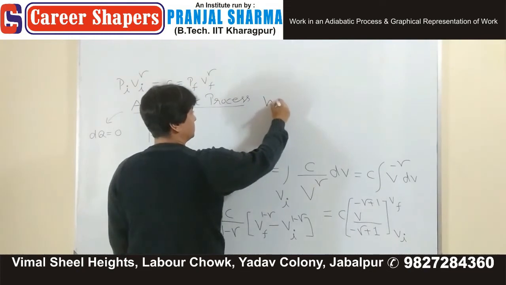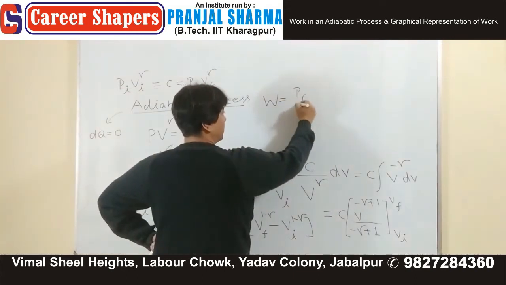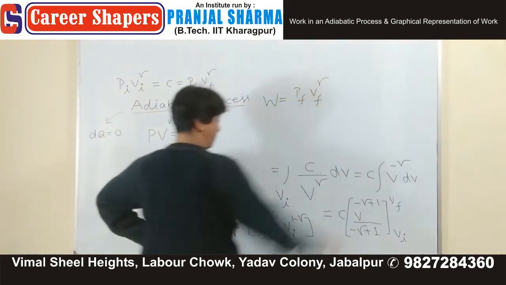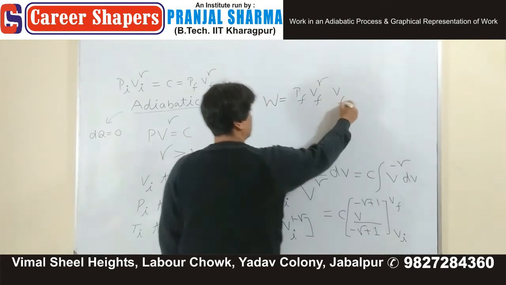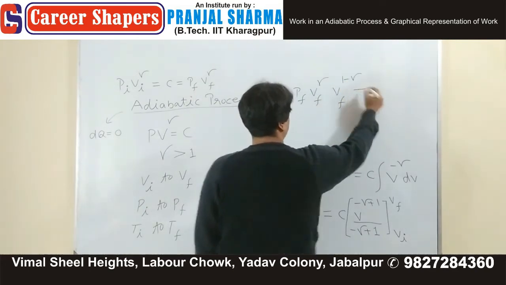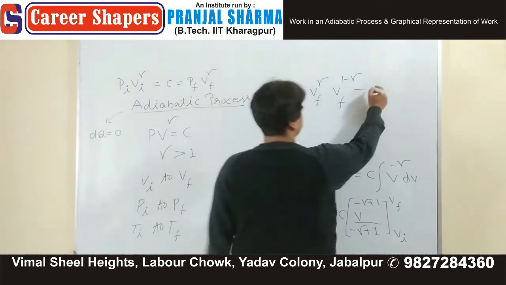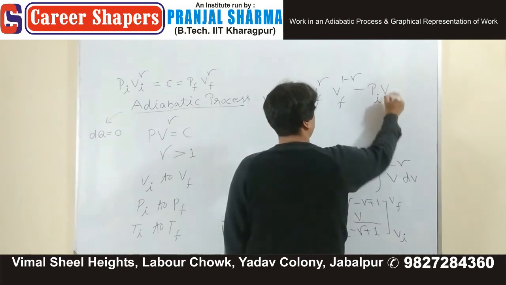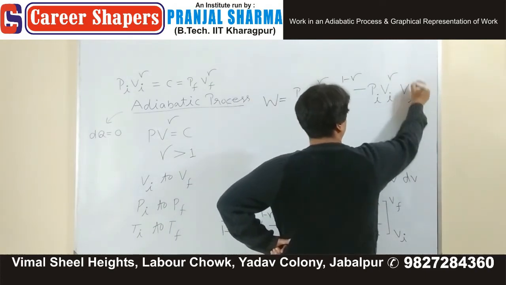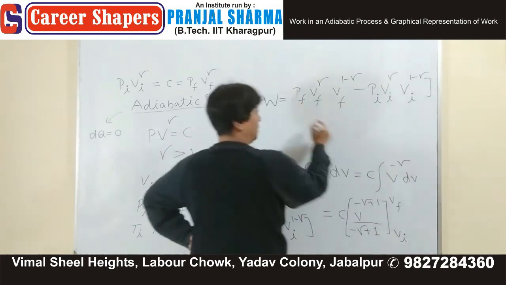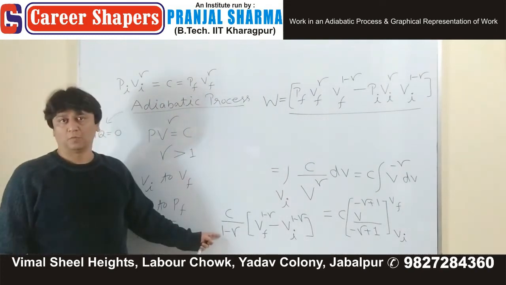So this becomes C inside, P final, V final, gamma, and you already have V final 1 minus gamma, minus C with the second term, P initial, V initial, gamma, V initial 1 minus gamma, whole thing divided by this number 1 minus gamma.